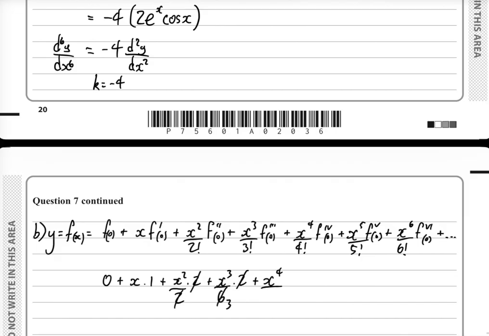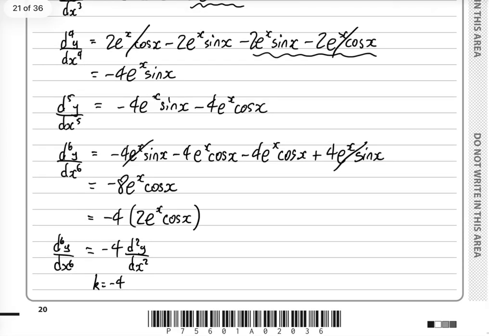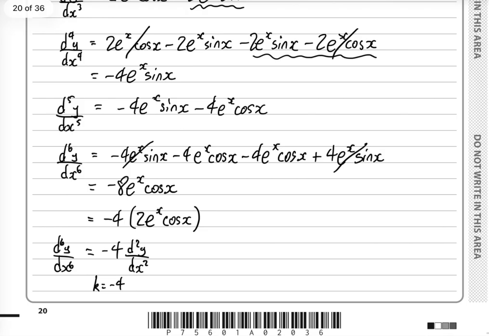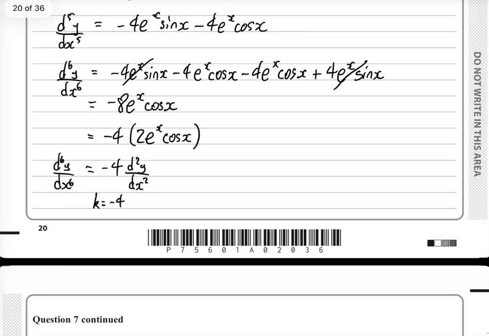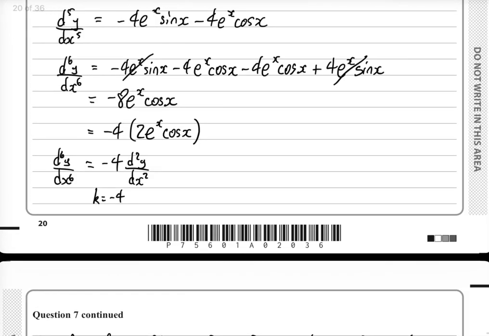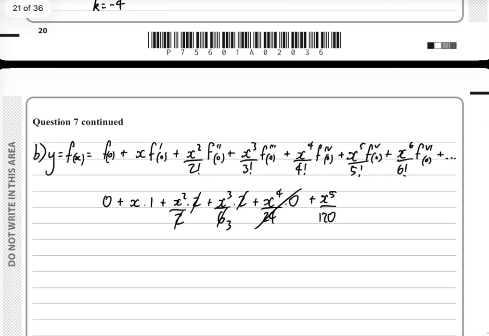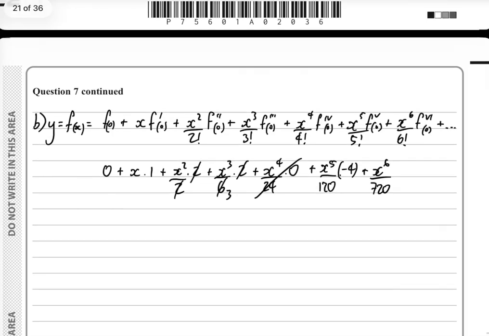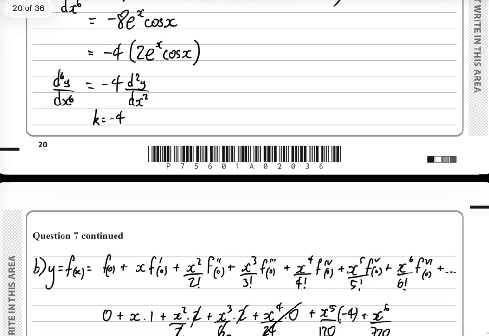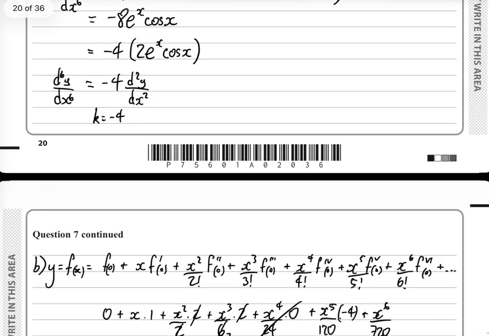Fourth, everything with a sine is 0, so the fourth derivative is 0, so there's another 0 term. The fifth one at the top of the screen there is minus 4. And the sixth one is minus 8.